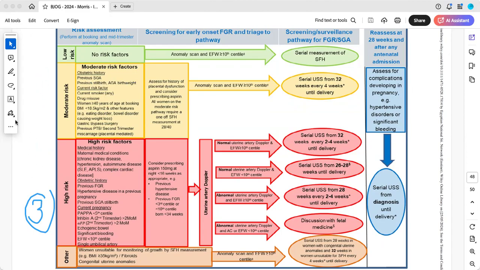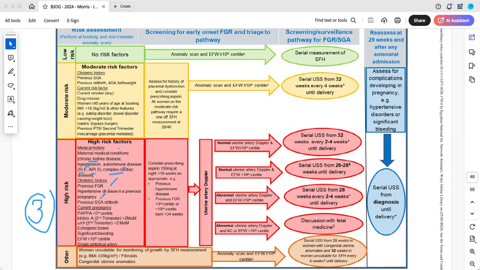Let's have a look. Now, high risk is women with a medical condition like chronic kidney disease, chronic hypertension, autoimmune disease like SLE or antiphospholipid, complex cardiac disease, or a woman with an obstetric history like previous FGR, or hypertensive disease in a previous pregnancy.